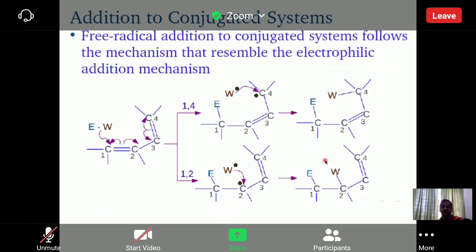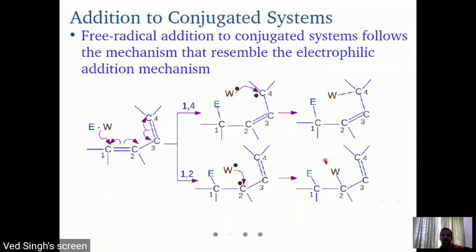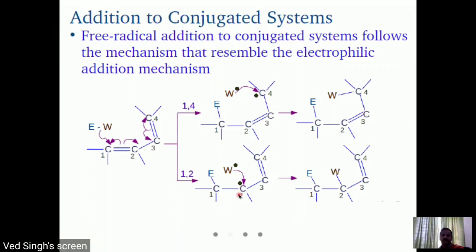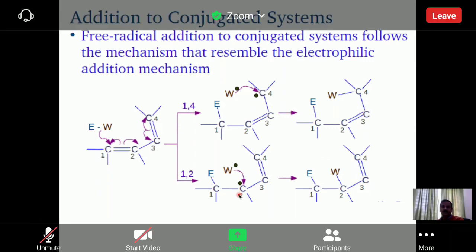Now we can see here also how free radical addition is possible in a conjugated system. First a free radical will form here, and this also is a free radical possibility. One electron of the bond pair here, and one electron from the nucleophile, one electron from this bond pair, make a bond.